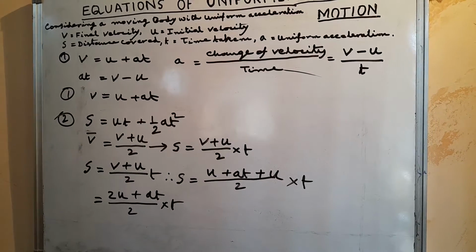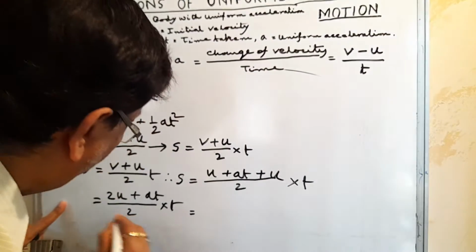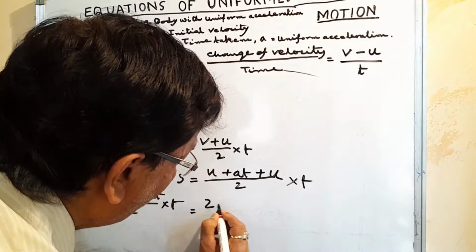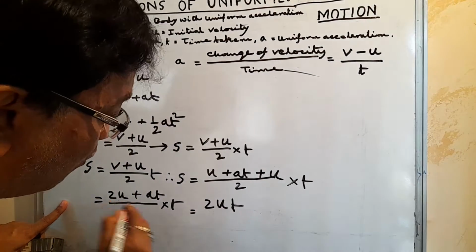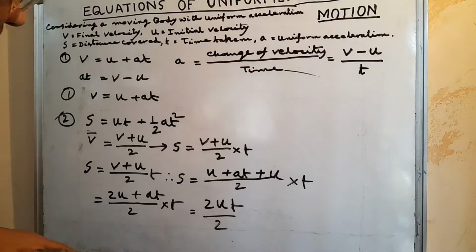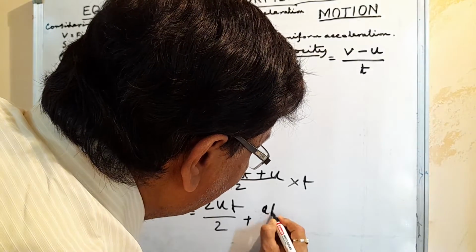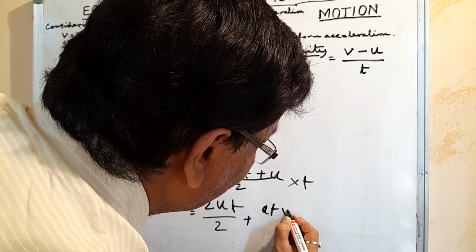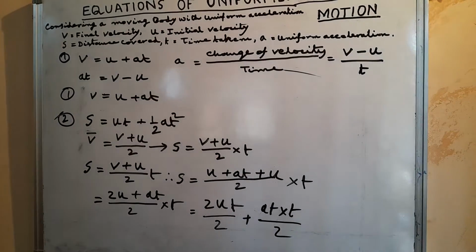From here we get s equal to 2ut by 2 plus at into t divided by 2.